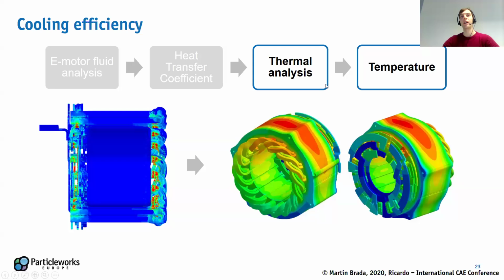And what was done then was to transfer this kind of map information, HTC map, to a thermal model in order to predict temperatures and hotspots that could really lower the lifetime of the e-motor, like for instance, the magnets that are very sensitive to temperature inside the rotor itself.